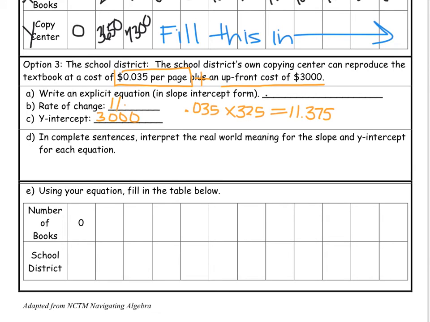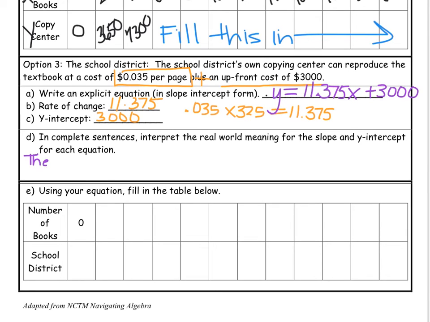So it's 11.375. So when we write our equation, the cost of the book is Y. The price per book is $11.375 per book, plus an upfront cost of $3,000. So letter D, using complete sentences, interpret the real-world meaning for the slope and the y-intercept.